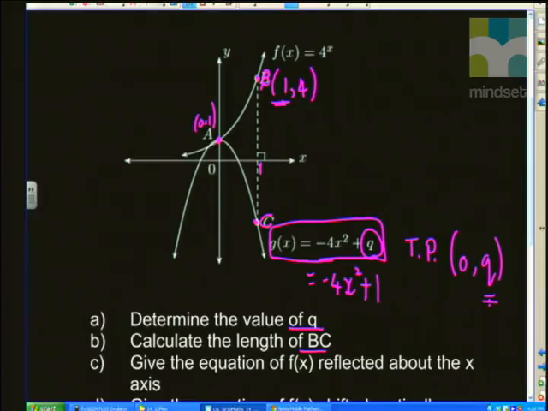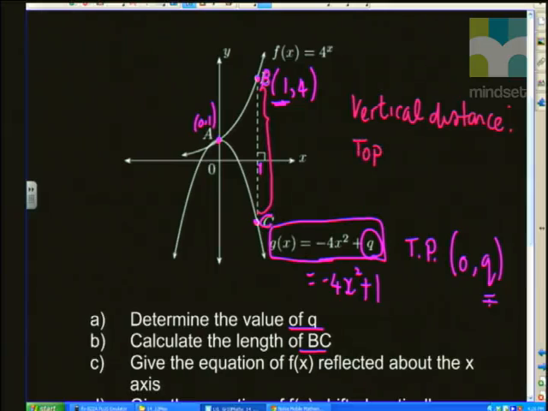How does that help you? Well, we're looking for the length BC. So that's a vertical distance. Whenever you're trying to find a vertical distance of a graph, and these points are on the same vertical line, it's always going to be top graph minus bottom graph.